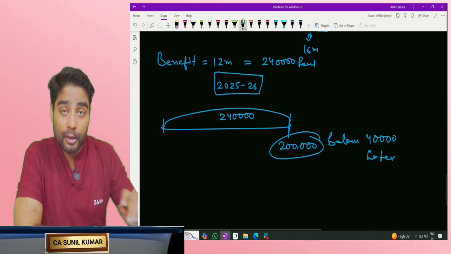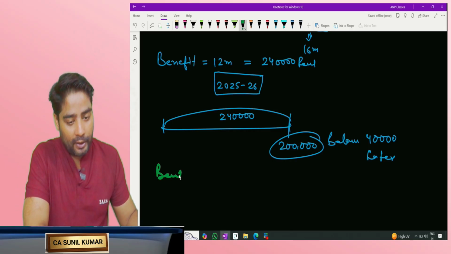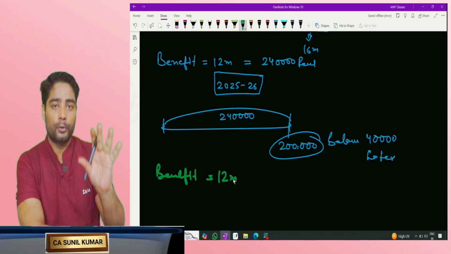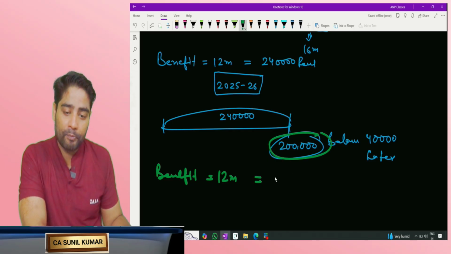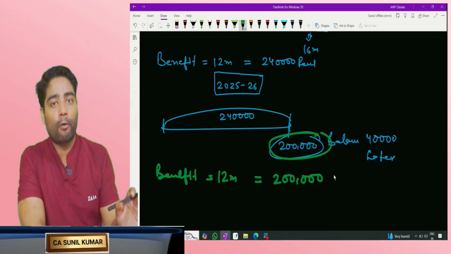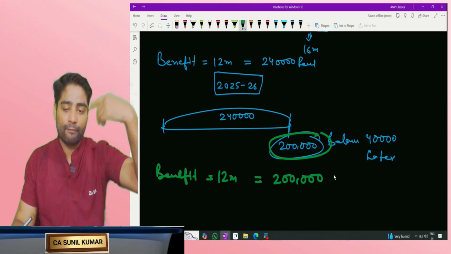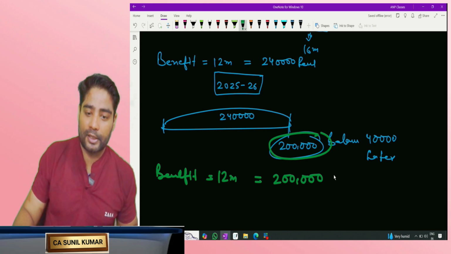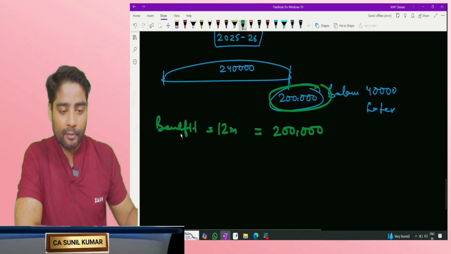Okay, now again match. How much benefit I have taken? Sir, you have taken the benefit of 12 months. But how much amount you have paid? Sir, I have paid only 2 lakh because I didn't pay 40,000. I said, Mr. Bhola, that I will pay the balance 40,000 in the next year. So now let us equate this.